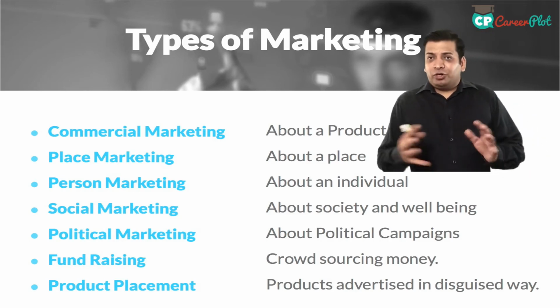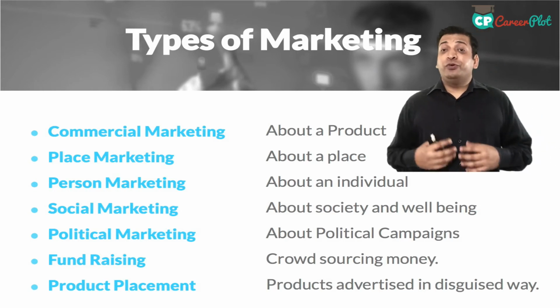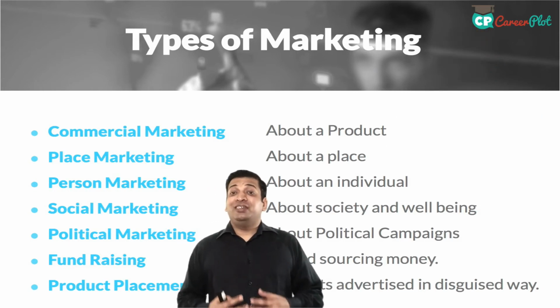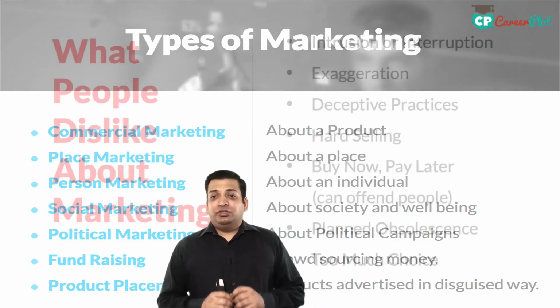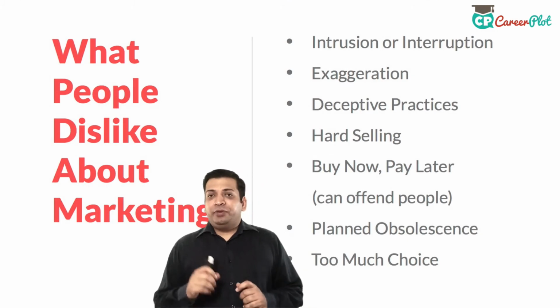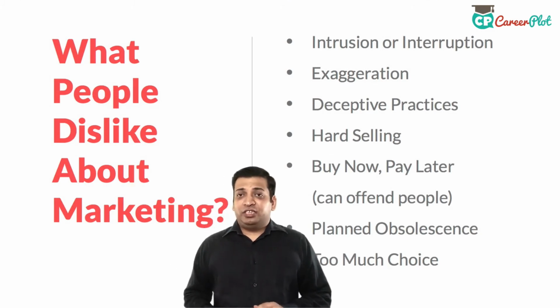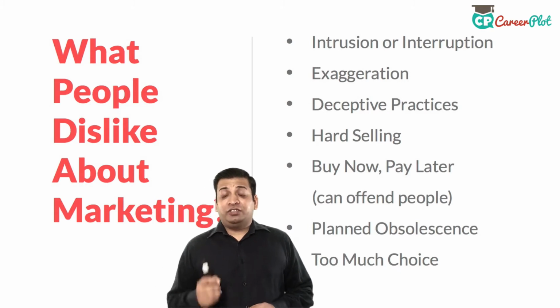Now, everything is good about marketing, right? And people like marketing and all, but there are a few things which people really dislike about marketing. One, intrusion or interruption. People do not like to get interrupted. Typically, no marketer has been successful when they interrupt the experience of the consumer, right?